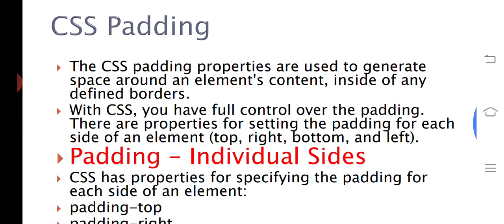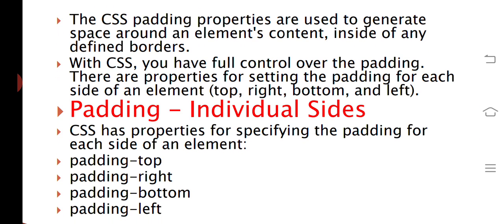CSS padding. The CSS padding properties are used to generate space around the element's content, inside of any defined border. With CSS you have full control over the padding. There are properties for setting the padding for each side of the element: top, right, bottom and left.